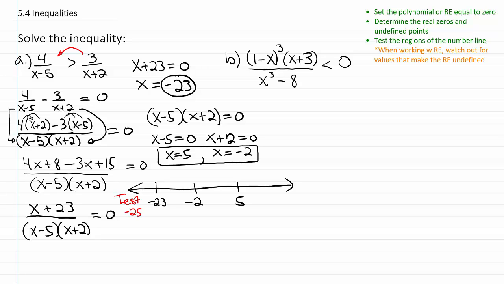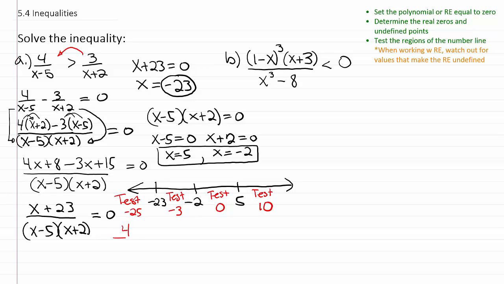That's a nice round number near negative 23. Something between negative 23 and negative 2, how about negative 3? So let's go ahead and test negative 3 here, and then we can test 0 in this region because 0 is between negative 2 and 5. And then we might test something like, let's say 10, for example, a nice round number that's after 5. All right, let's test the negative 25 and see what you get.